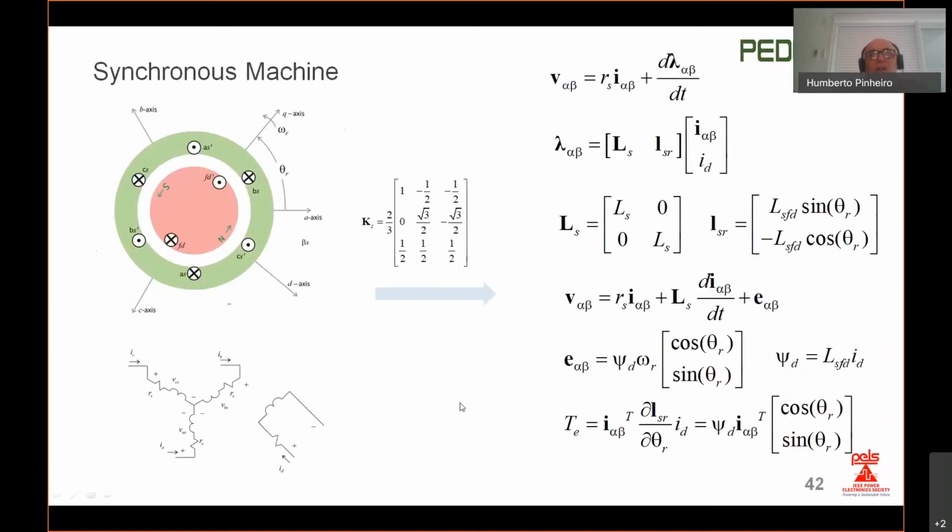In order to implement this virtual synchronous generator, we have to derive a dynamic model for the virtual synchronous machine. At the left, we see a two-pole non-salient, three-phase uniformly gapped synchronous machine. The stator windings are identically sinusoidally distributed and displaced by 120 degrees.